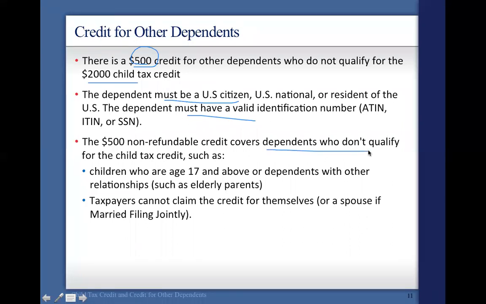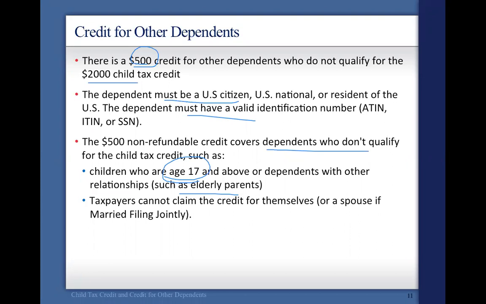It covers dependents who don't qualify for the child tax credit, such as children who are age 17 and above, or dependents with other relationships, such as elderly parents. So if you're caring for someone and they qualify as a dependent, and again, you should go back to tab C in your textbook and review those stipulations, such as providing more than half support, they may qualify.